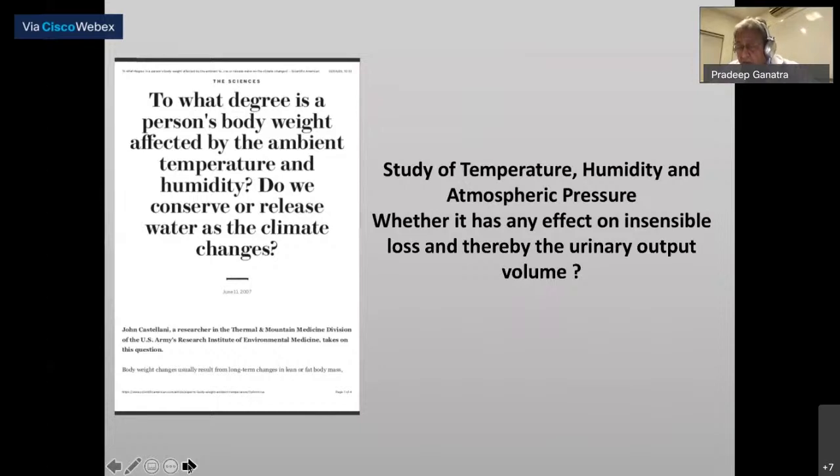Also, an American study showed the role of atmospheric pressure in conjunction with temperature and humidity, and it was observed that there is an increase in insensible loss of fluid in this combination. We need to try and relate this, whether it embraces any loss or change in the urinary volume output.